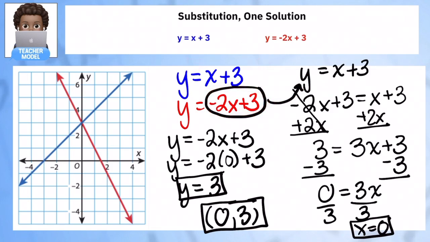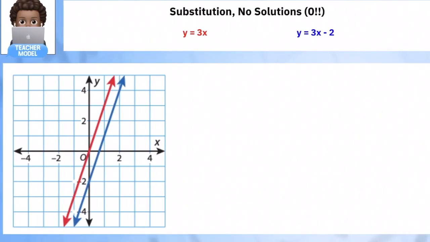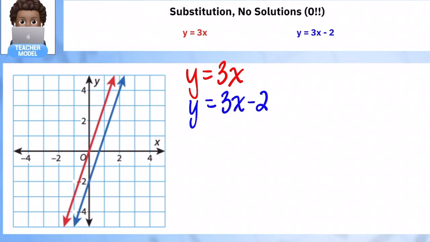Let's see what this looks like when we have no solution. We already know this one has no solutions. So we have y equals 3x and y is equal to 3x minus 2. They're both pretty easy. Since this one's simpler, I'm going to take it and substitute it for y.